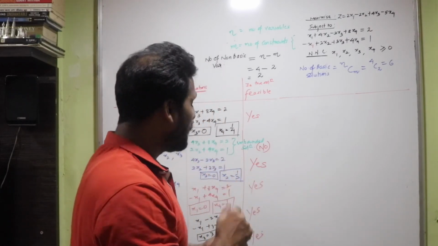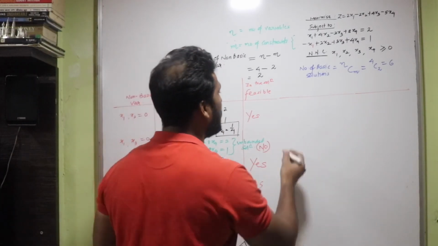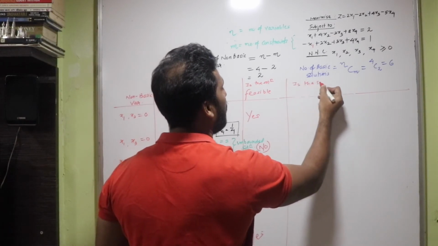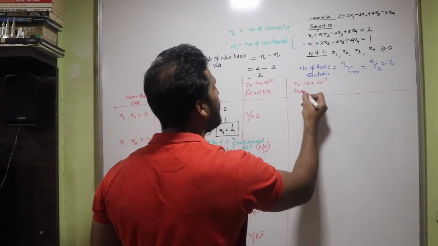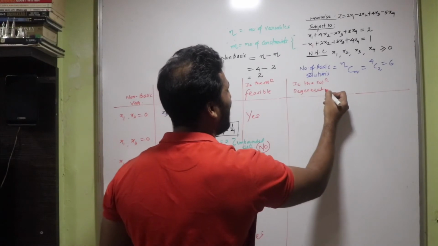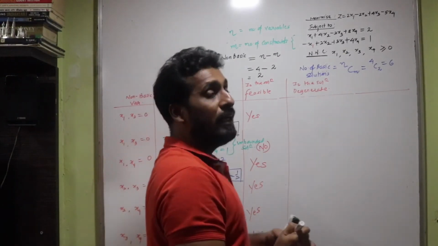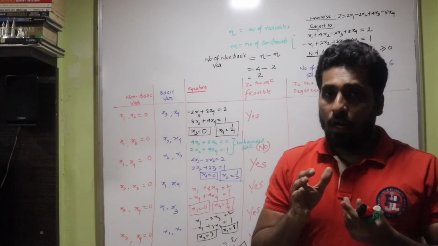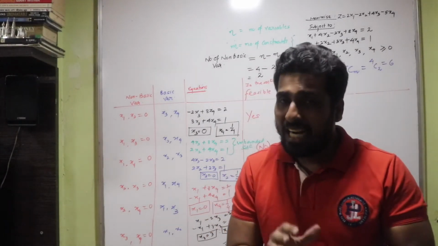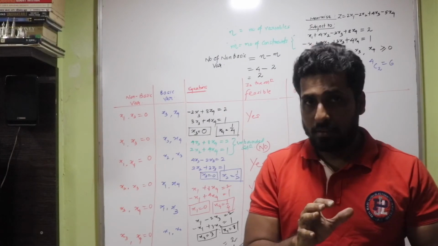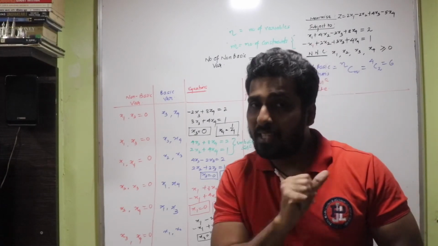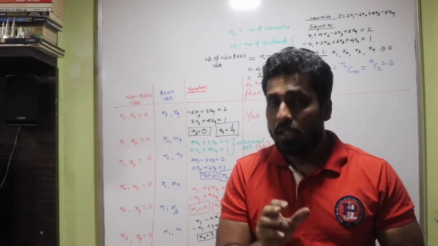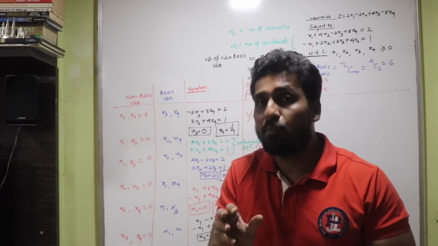Now the next point that I want to understand here is whether the solution is degenerate. That's the next concept that you want to understand: a degenerate and a non-degenerate solution. A degenerate solution is that solution where you get some of your basic variables as 0.